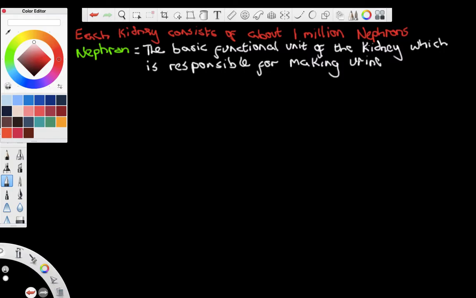Okay, so each kidney consists of about 1 million nephrons, and a nephron is the basic functional unit of the kidney which is responsible for making urine.